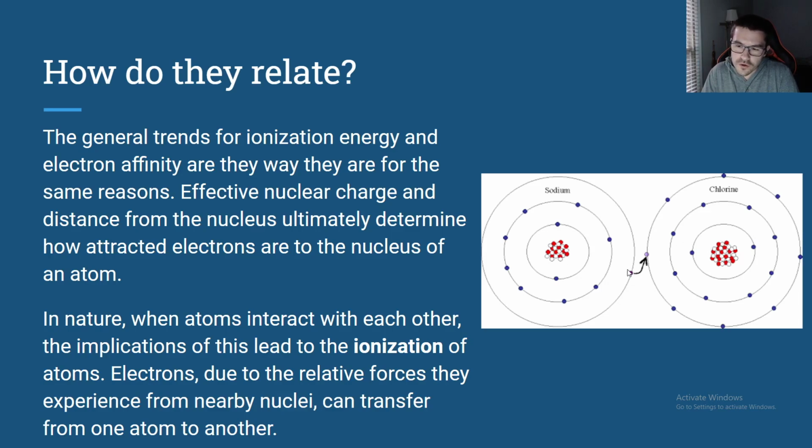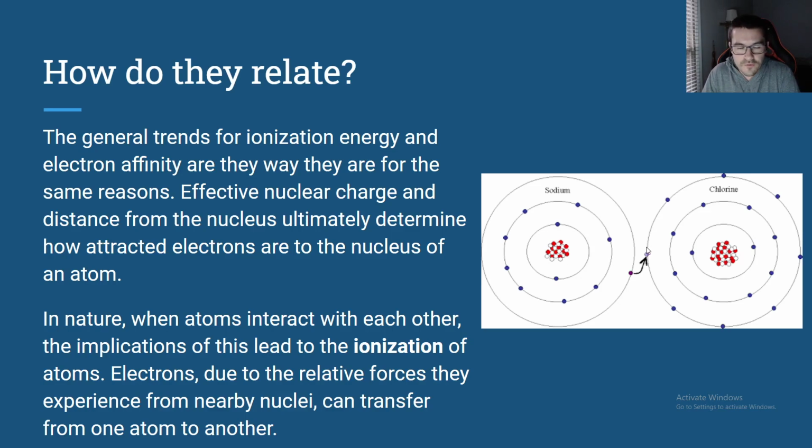So consider yourself to be this electron. In both situations, let's say you're here in sodium, or let's say you're here in chlorine, you're equally as distant from the nucleus. You're in the third energy level. And in both cases, you have the same number of core electrons that are shielding you or repelling you away.